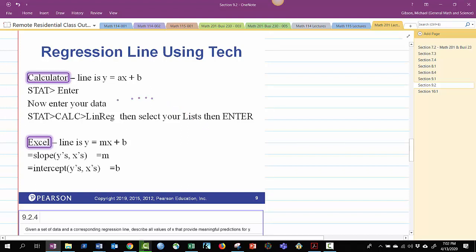Once you've got them all in, stat, calc, lin reg. The default is L1 and L2, so as long as you use the default, you don't have to select your list. If you put them in something else, you have to type it in here with a comma between them. Then enter.